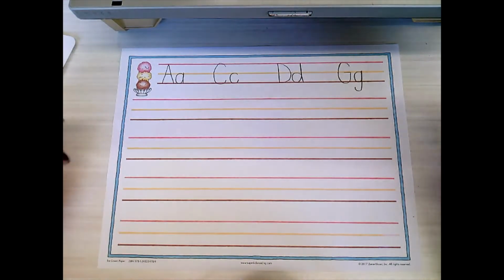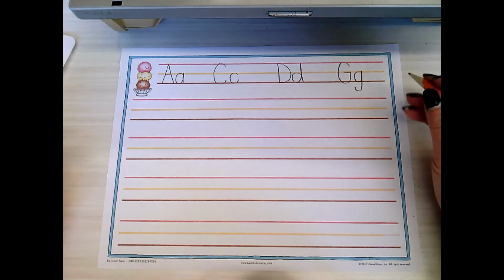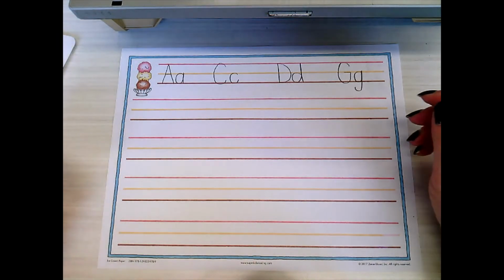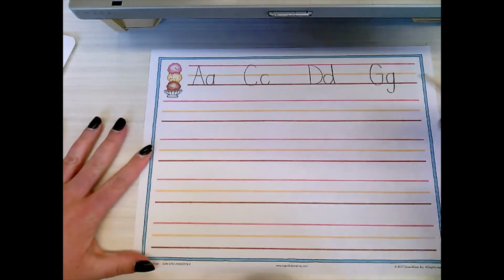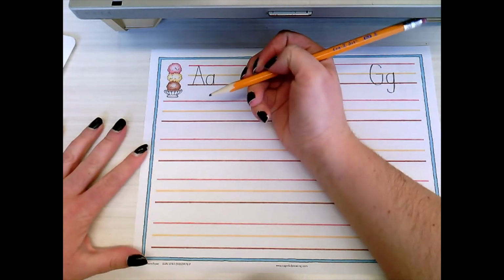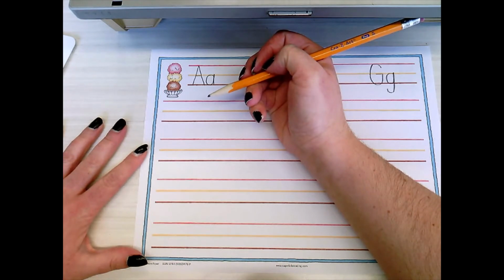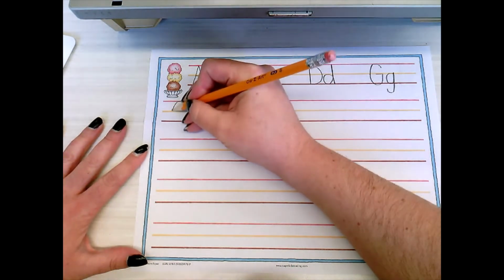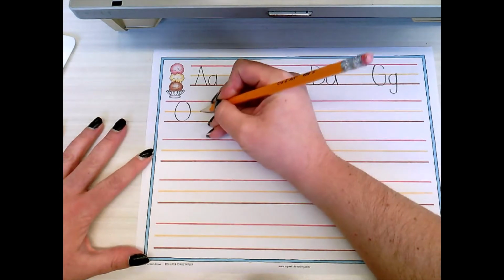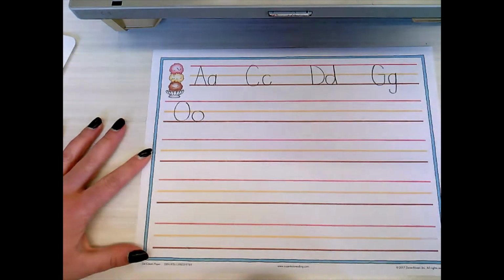One more set of letters. Please write the letter that says ah. Write the uppercase letter and the lowercase letter that says ah. You should have written the uppercase O and the lowercase o.